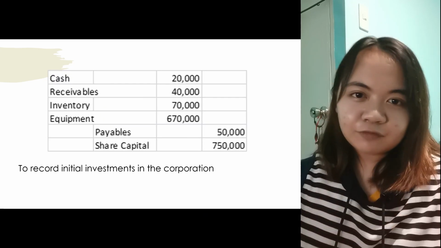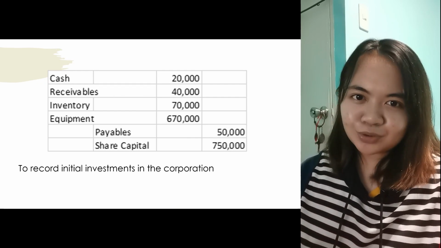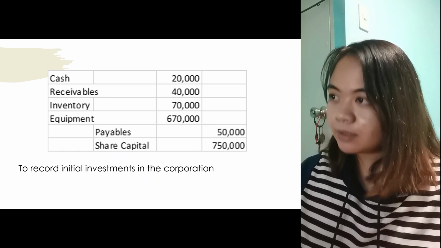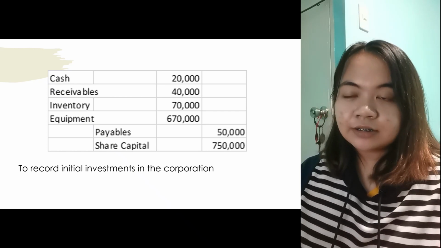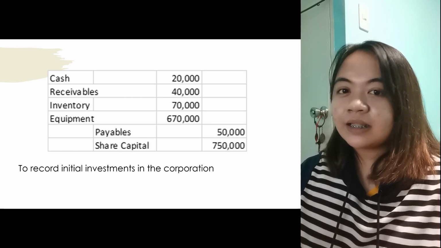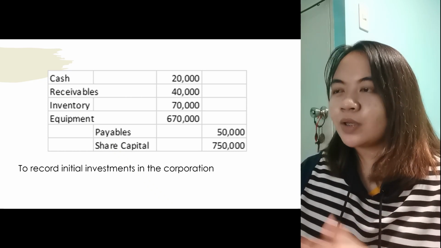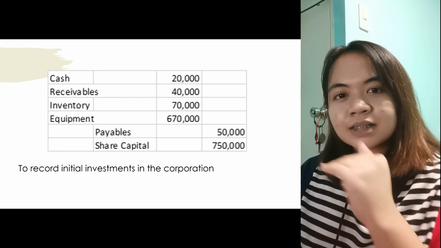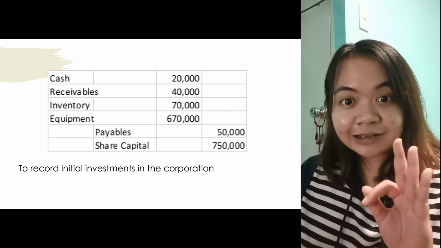Okay? Now, we record the initial investments in the corporation. So, how? It's as if you put in the cash, debit receivables, inventory, equipment at fair values. Okay? 20, 40, 70, 670. Ma'am, that's what was in the partnership. Yes. It's as if it became an investment by the three.